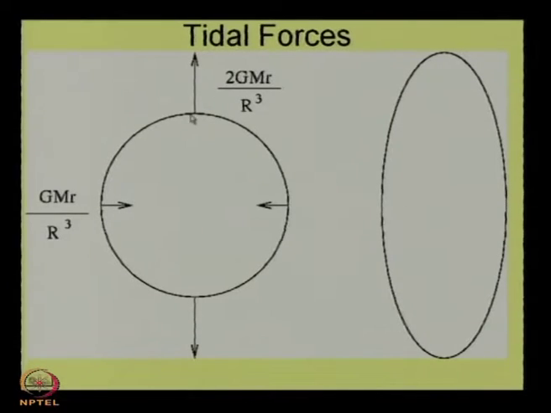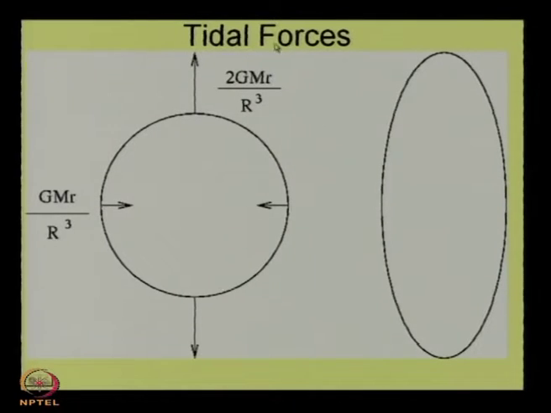and capital R is the distance to the massive object. Okay. And similarly, in this direction also there will be an acceleration away, whereas in the tangential directions there will be an acceleration inwards, relative acceleration, and these will have magnitude GM into r by R cubed. Okay.